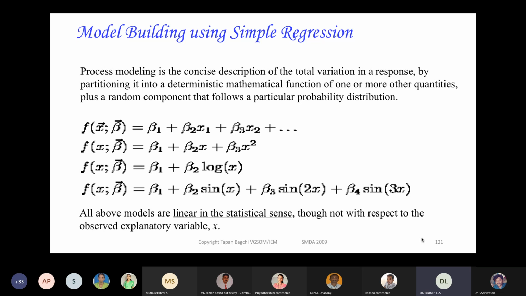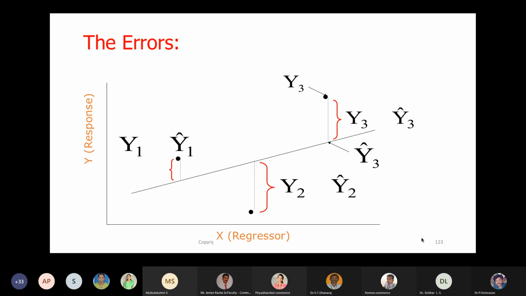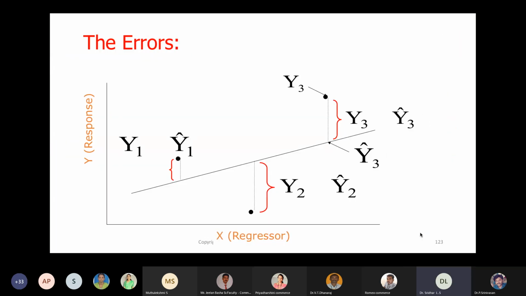So next, sir. Next, sir. Sir, can you see the slide, sir?